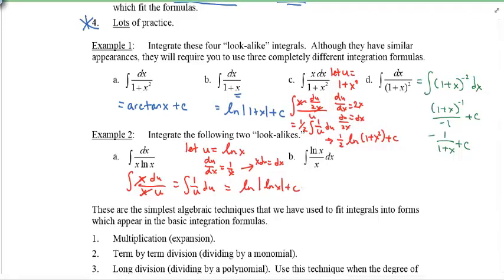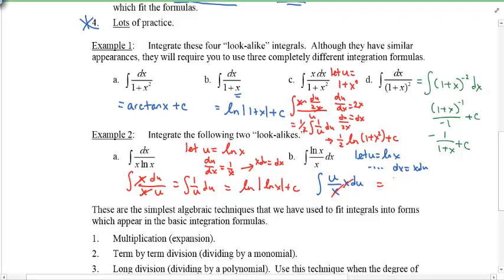I'd ask you to do something similar for part B. Once again, let u equal ln x. I will just say dot dot dot, you get dx equals x du again. In this particular example, u is the top, x is still on the bottom, and x du is now your dx.